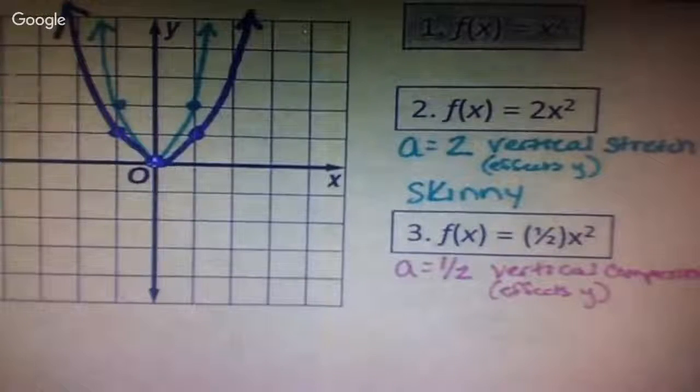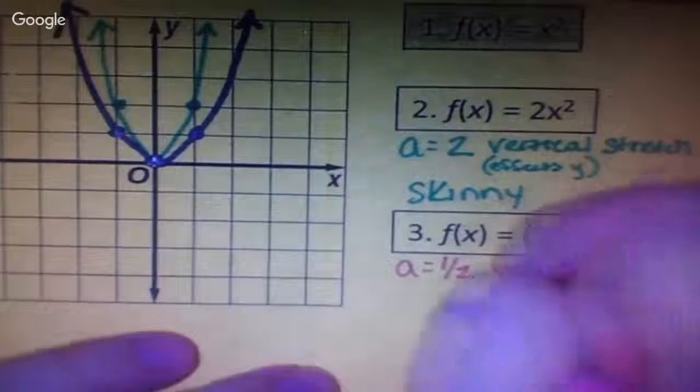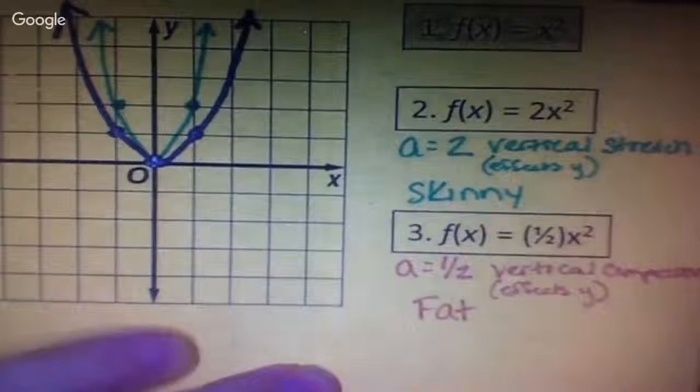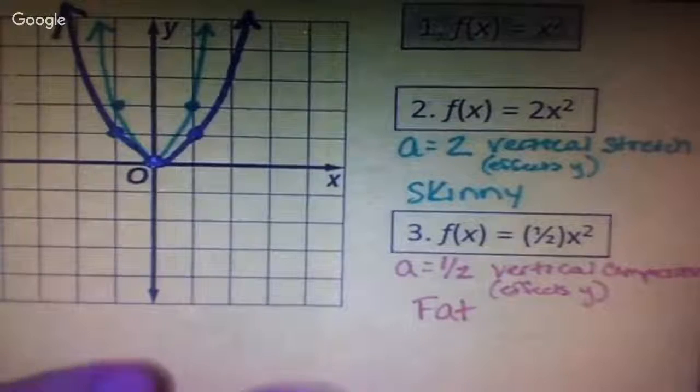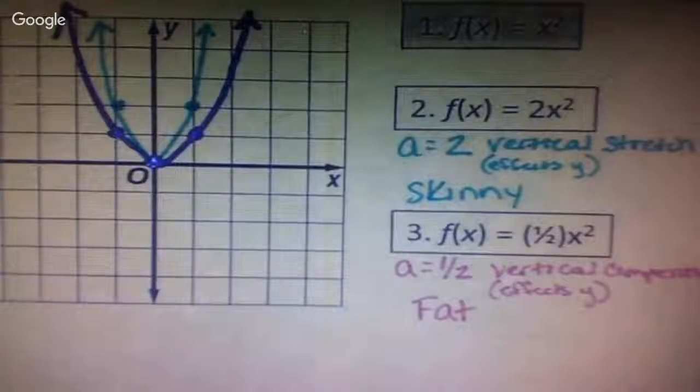So a vertical compression makes my graph fat. We call it fat norm and skinny norm, and we call it norm because normal. So this is fatter than normal, skinnier than normal.